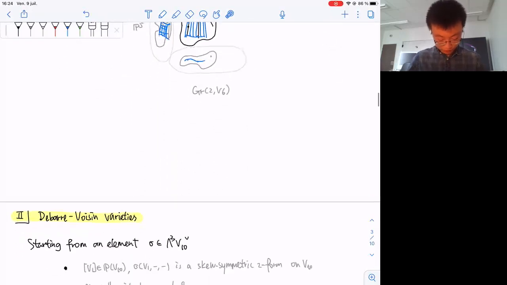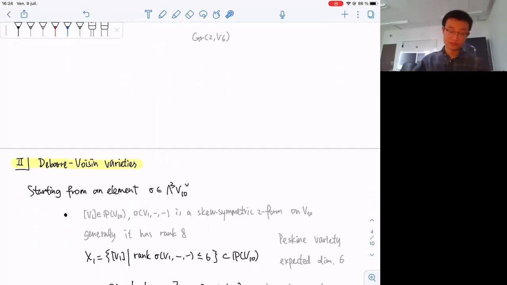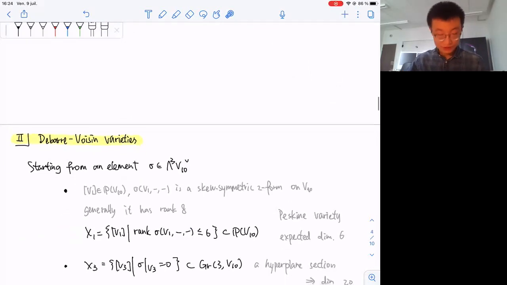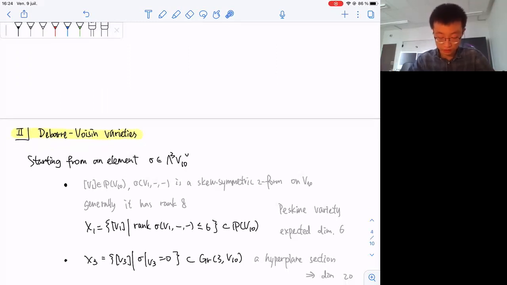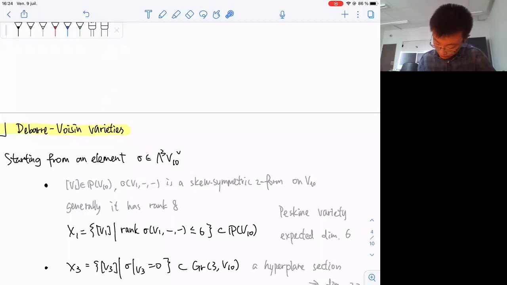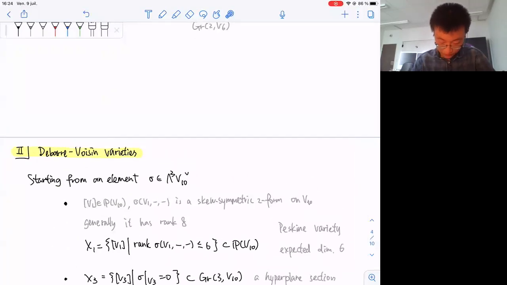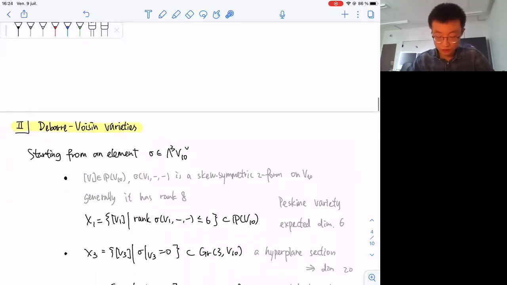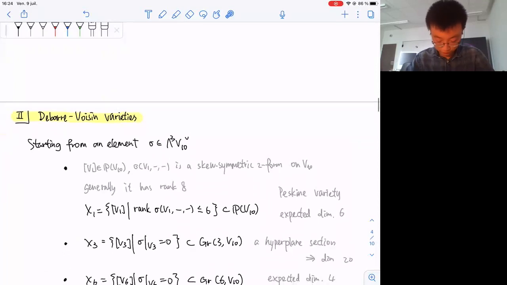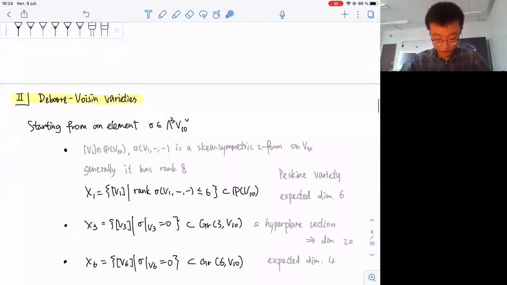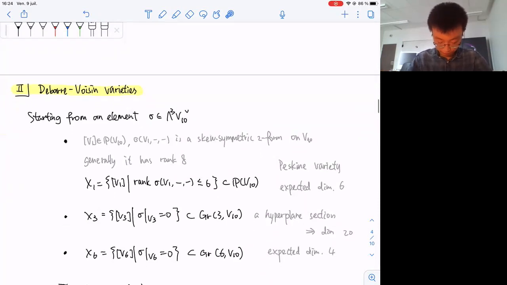So now I'm going to talk about Debarre-Voisin varieties. So for this, instead of considering a cubic polynomial, we start from an element of this type. Sorry. So this is a 3-form on a 10-dimensional vector space. And I can associate 3 different varieties to this element sigma.